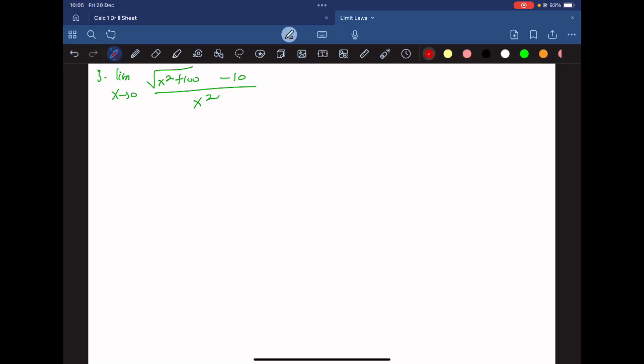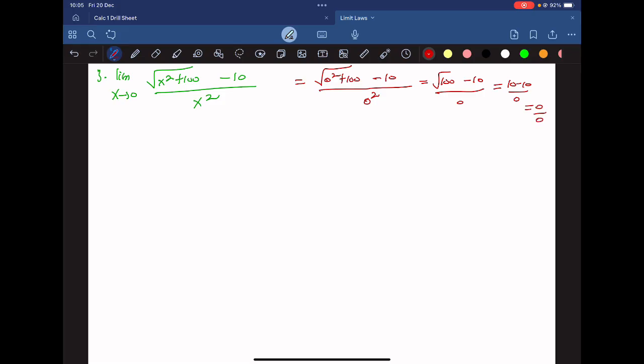If you put in 0, you get the square root of (0 squared plus 100), then minus 10, out of 0 squared. Now, 0 squared is 0. So we have root of 100, and root of 100 is 10. So we have 10 minus 10 out of 0. And this is 0 over 0.